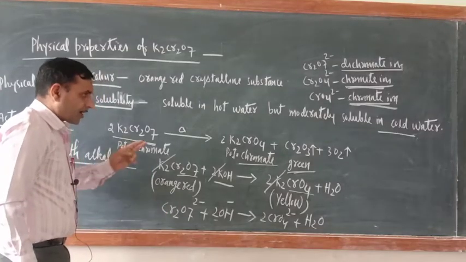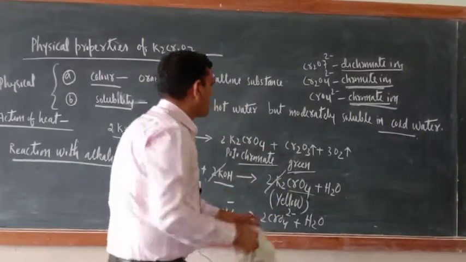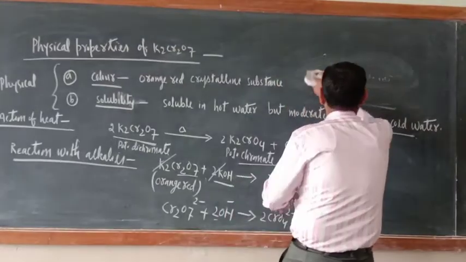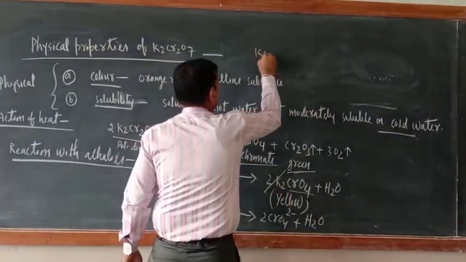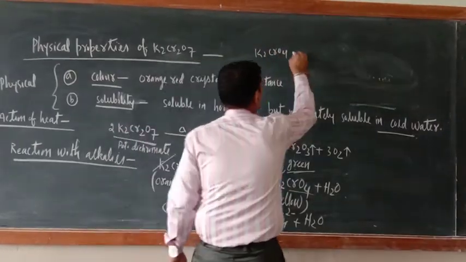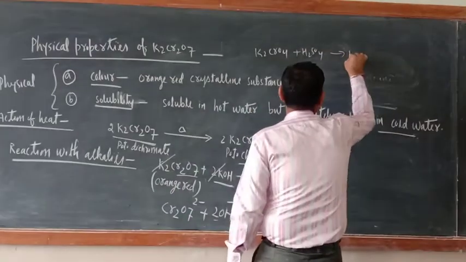Okay. Now try to understand, there is one more issue. If this potassium chromate is treated with acid, just see, I will write here. K2CrO4 treated with H2SO4. So what is the product here?